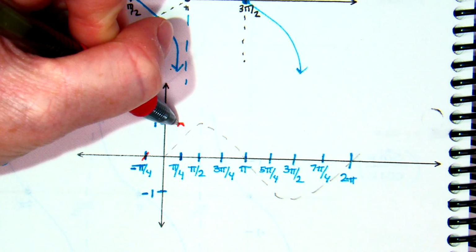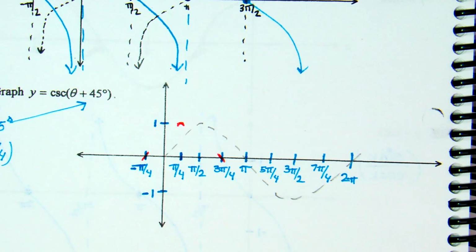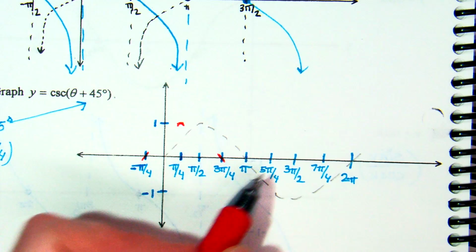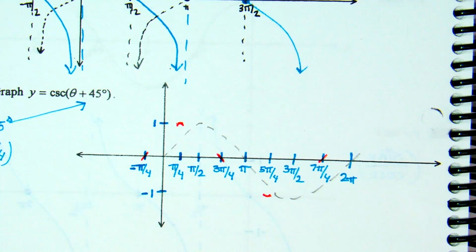Instead of cutting through pi, I'm going to cut through the mark before it, which is 3 pi over 4. Instead of being below 3 pi over 2, 5 pi over 4. Instead of cutting through 2 pi, 7 pi over 4. I like to put those little marks in. I don't know if it helps you guys or not, but I can't just draw this in. I have to have a teaching technique. That's my teaching technique.